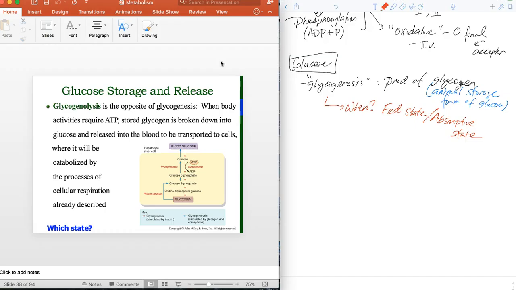Now, the flip side of this is the other term, glycogenolysis. Glycogenolysis will be the breakdown of glycogen. When would you break down glycogen?